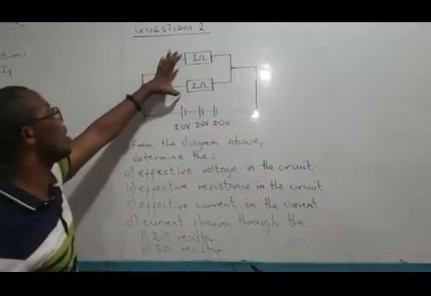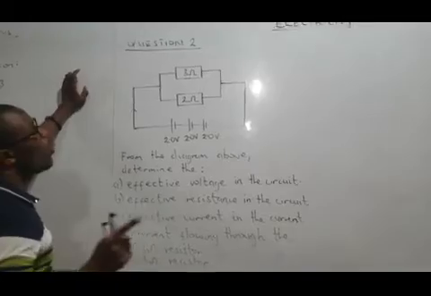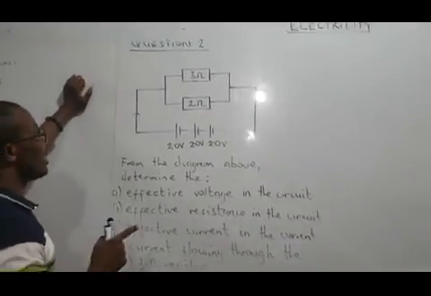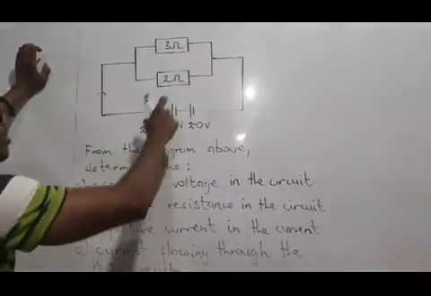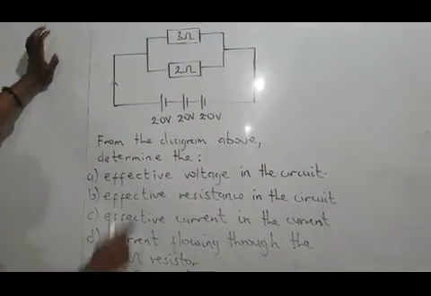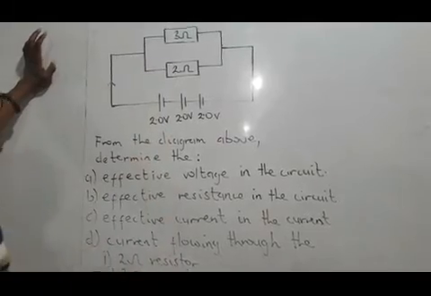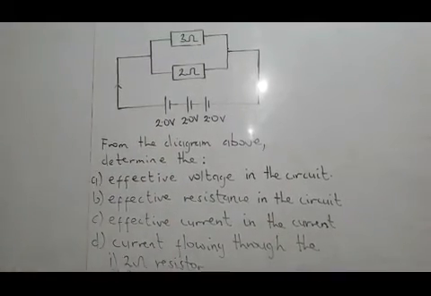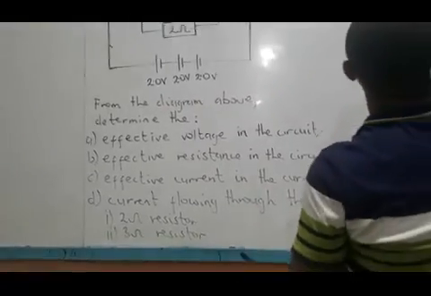By comparing this diagram to that of question 1, in question 1 the resistors were connected in series. But for question 2, the resistors are not in series, they are rather in parallel connection. The cells, however, are in series, but the resistors are in parallel. Okay. Now let's look at the solution to the question.